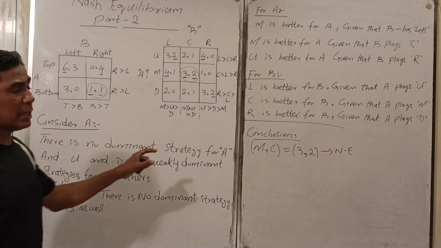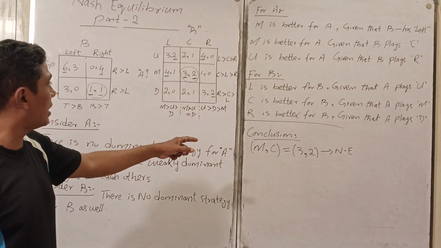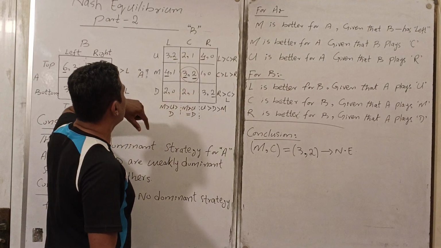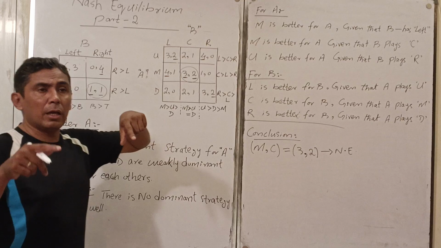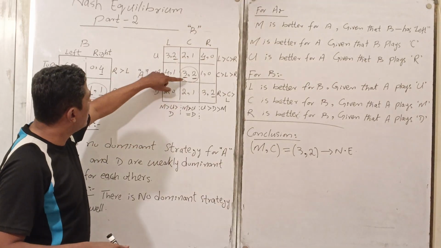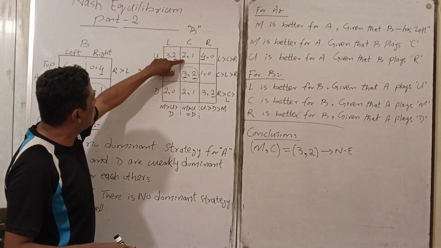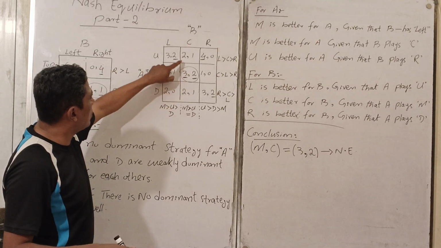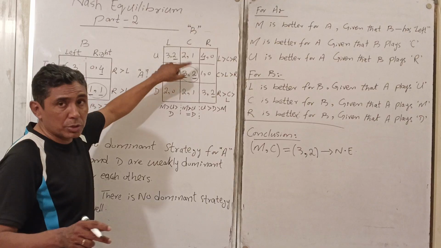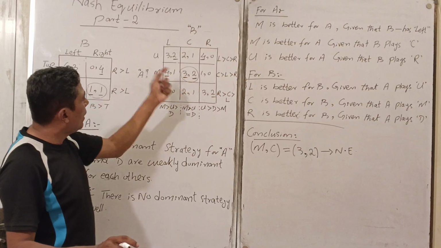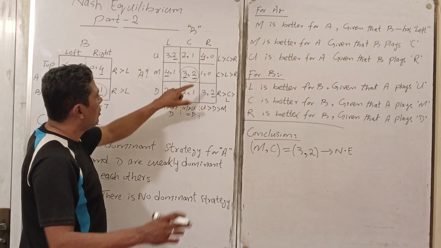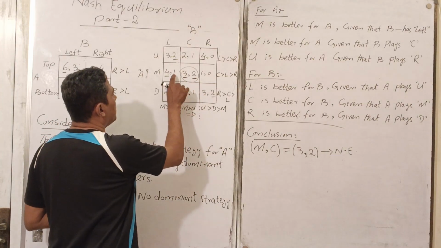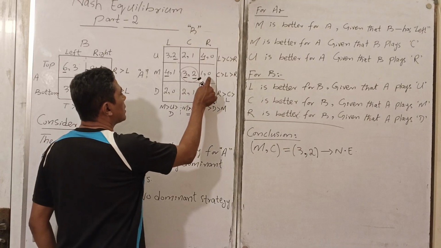Is it a regret free outcome? Look at this one. For A, we will compare these numbers. 3 is better than 2 and 3 is better than this 2. So this is not a regretful outcome for A. Similarly, for B, we will compare these numbers. 2 is better than 1, 2 is better than 2.